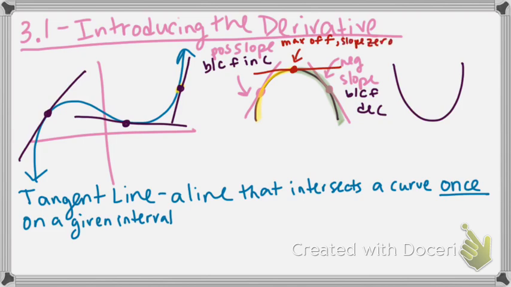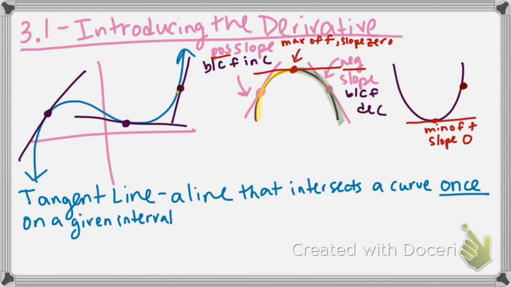Well, that makes sense. If you have to go from positive to negative, you're going to have to cross 0. And even looking at the other parabola, this minimum of f is where we also have a slope of 0. I see on the right side that f is increasing.